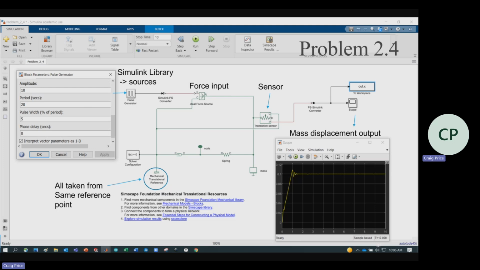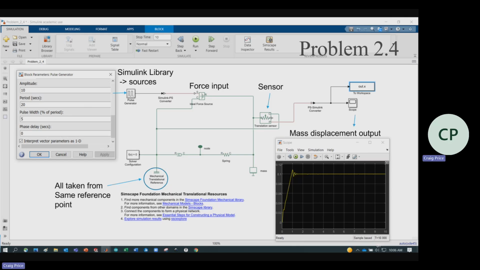Same thing for my input. Simulink has a lot of different sources: step, ramp, all these different things. But to use it in Simscape, I have to convert it. So the Simscape converter allows you to use other Simulink things either for the input or the output. That's what's going on here.